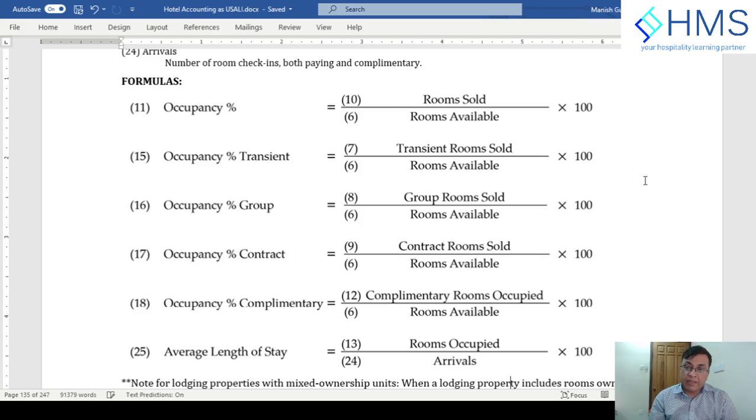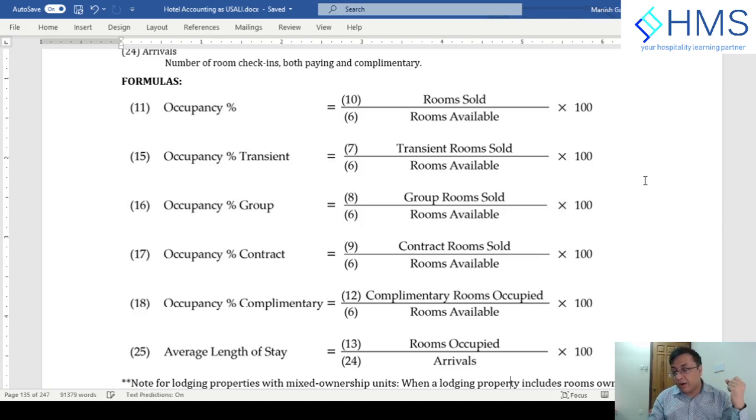Now the occupancy transient is fairly simple. The denominator here is rooms available. Here again, the rooms available is total room inventory minus rooms which are not available for sale. So which are those rooms? The rooms not available for sale, as we discussed, were seasonally closed rooms, permanent house use, and the rooms closed for discretionary purpose or renovation or for any extended period of time for more than 6 months.